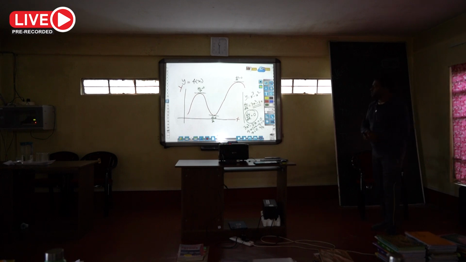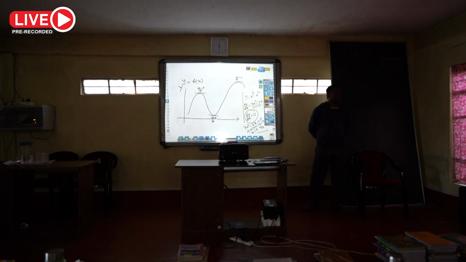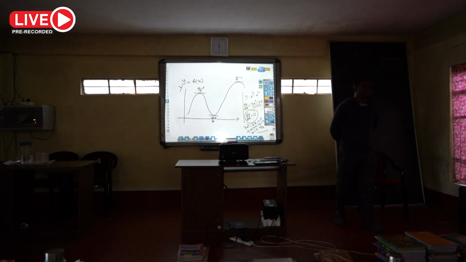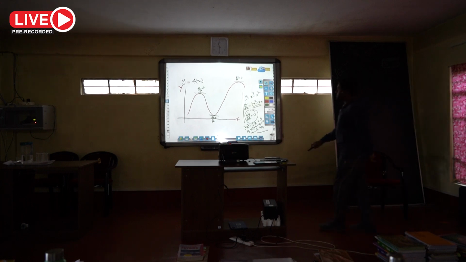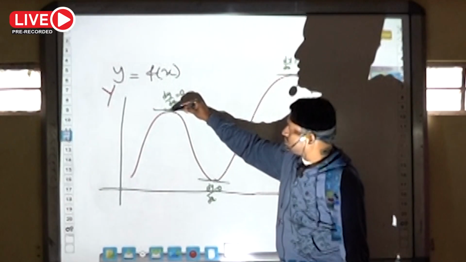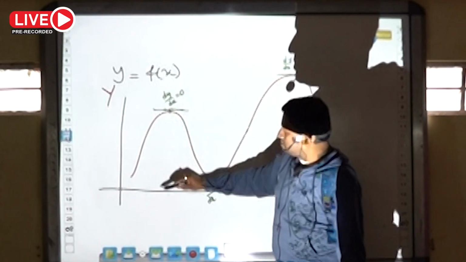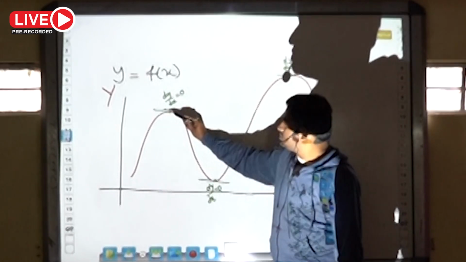Now, these points in a graph where tangents are horizontal, they are given a special name called stationary points. Means in the graph that I described here, the x coordinate of this point is a stationary point.